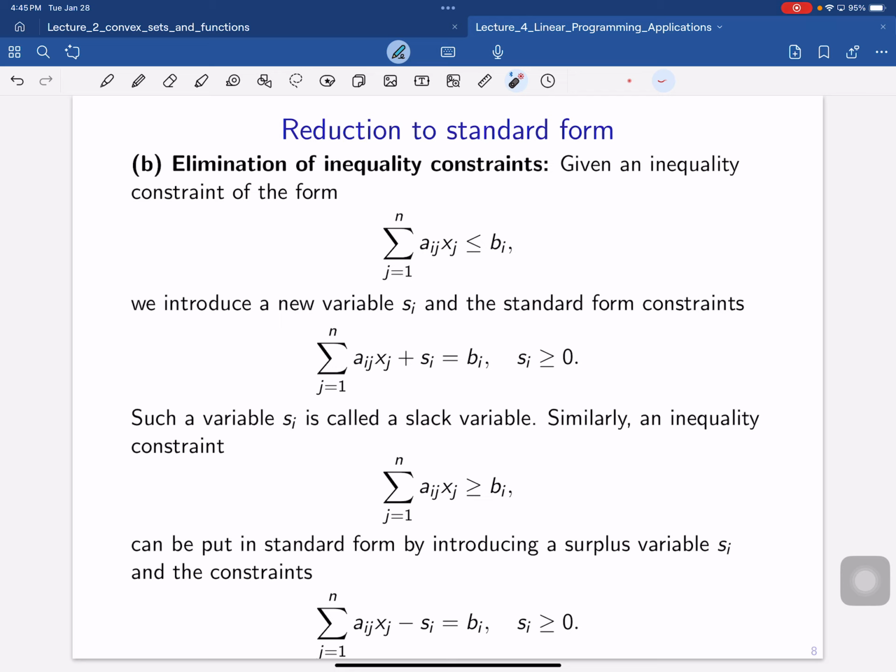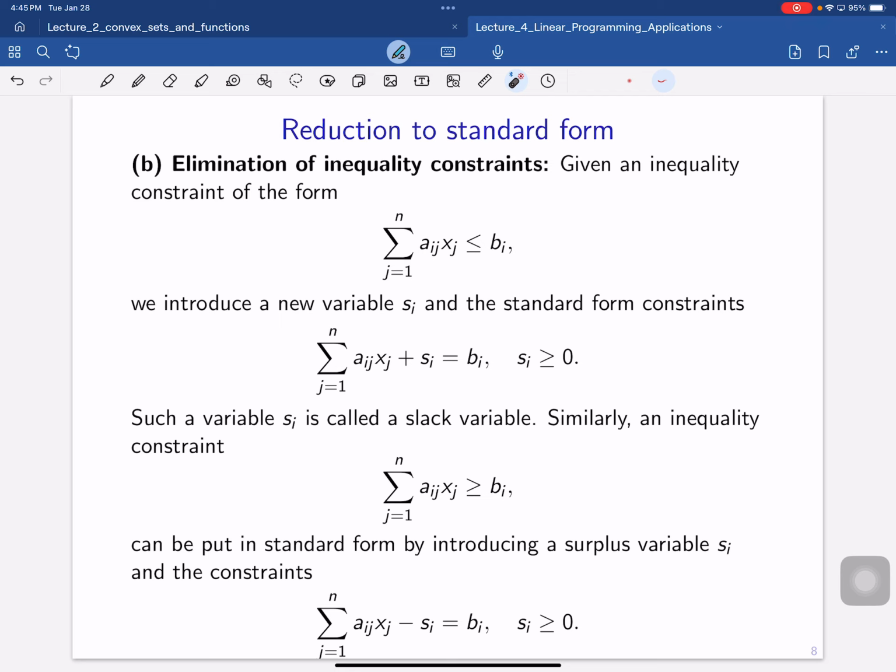Then what you can do is introduce a new variable si, where si is greater than or equal to 0. Since the left-hand side is less than or equal to bi, if you add an arbitrary greater-than-or-equal-to-0 variable, you can change this to an equality constraint.